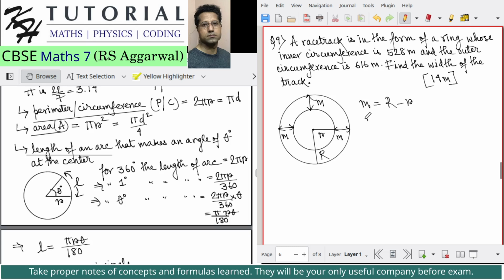The circumference of the outer circle will be equal to 2 pi R. It is given that the outer circumference is 616 meters. So we have 616 is equal to 2 multiplied by pi, which we take as 22/7, multiplied by R. So this implies R is equal to 616 multiplied by 7 divided by 22 multiplied by 2.